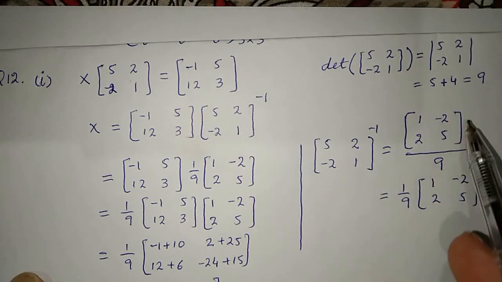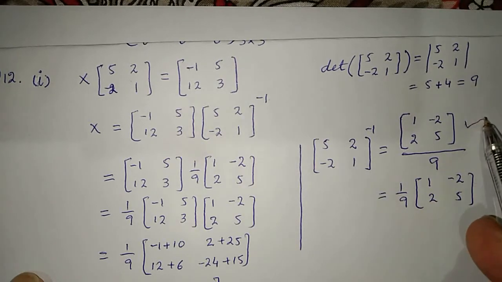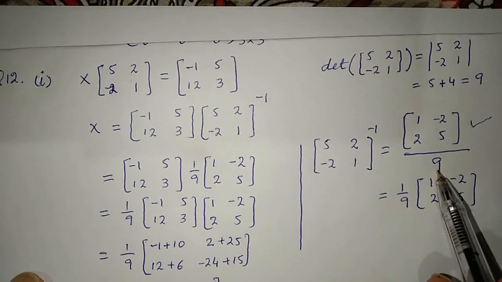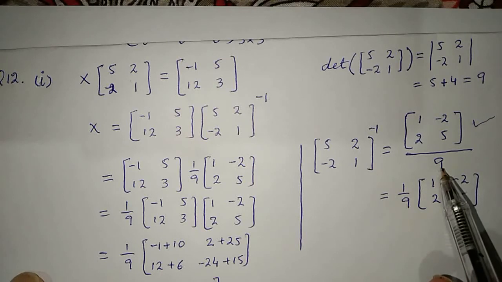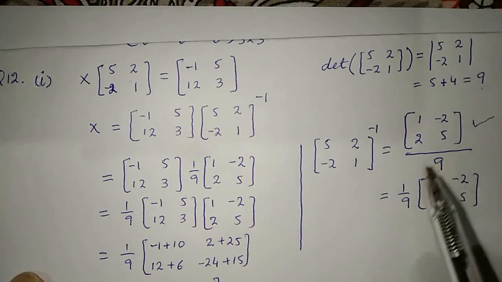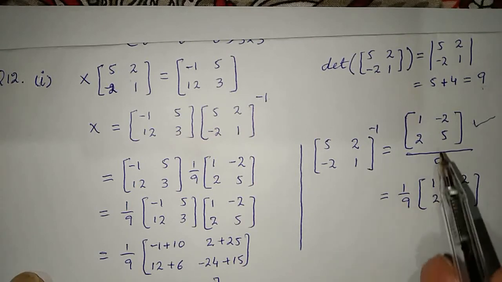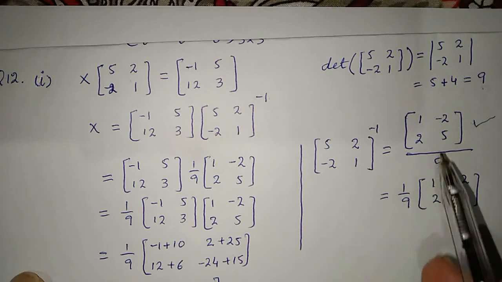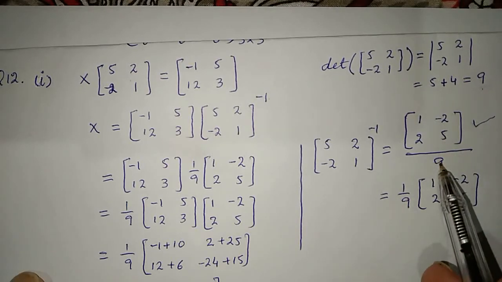So this is the adjoint of this matrix. Now divide it by the determinant of this matrix, which is 9. Already we have obtained it. So adjoint of A divided by 9.